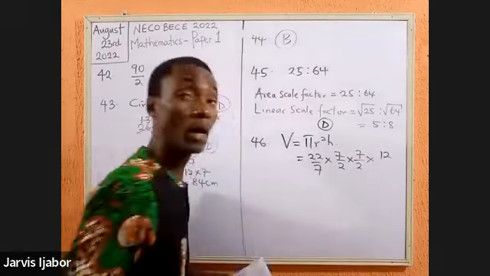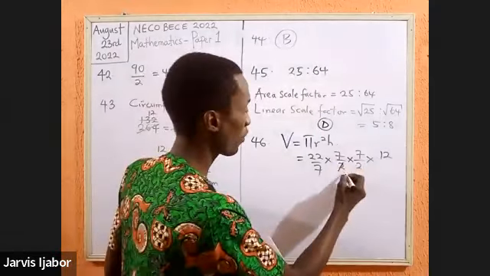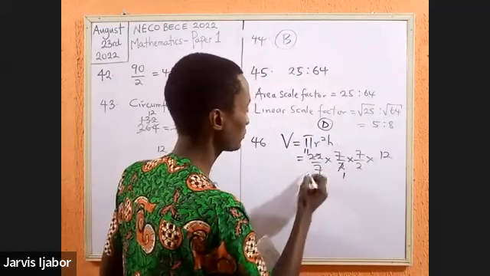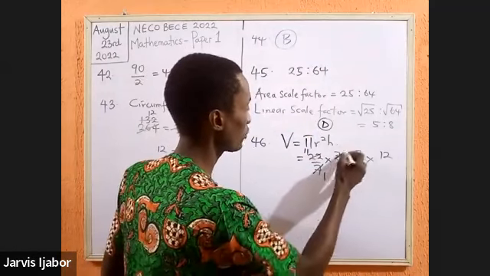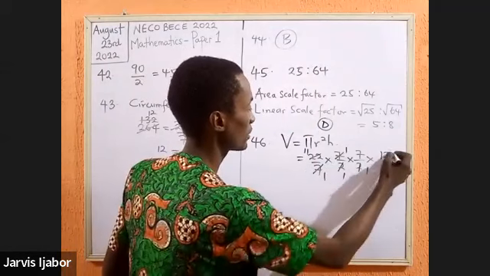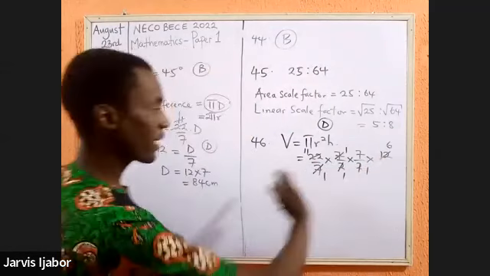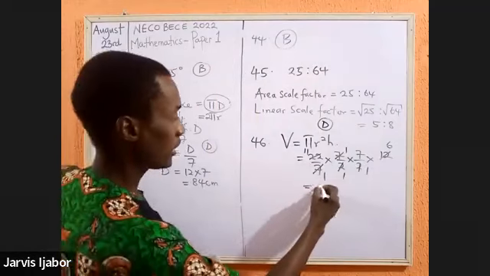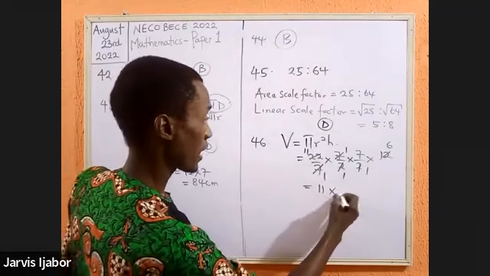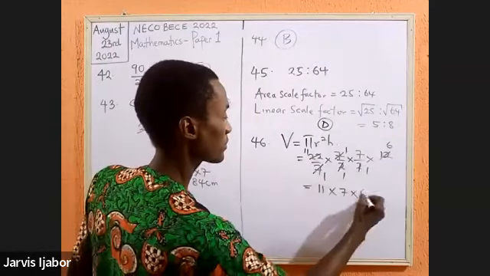So we can now cancel out. 2 goes here, 1. 2 goes here, 11. 7 goes here, 1. 7 goes here, 1. 2 goes here, 1. 2 goes here, 6. So I'm left with 11 times 7 times 6.